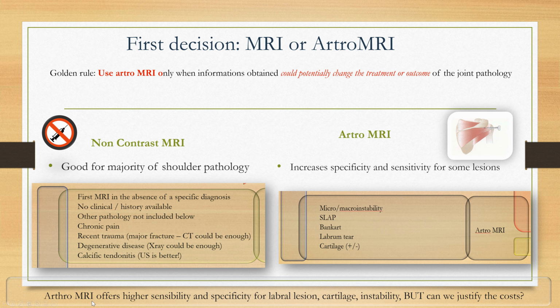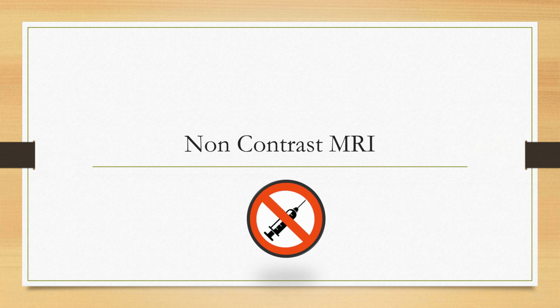And also, although it offers this higher sensitivity and specificity, I think we should justify the cost, because of course everybody wants better images, better diagnosis, but when you get maybe 10% better image or 10% better diagnosis, but the cost is 100% more, so maybe we should consider this twice.